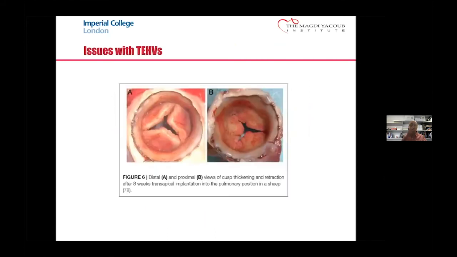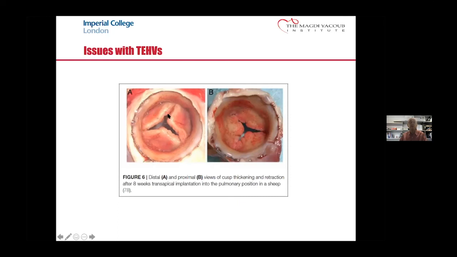So this is my last slide, and it really poses the problems that everybody faces with tissue engineering, is that a lot of the results so far show this characteristic thickening of the valve leaflets and retraction of the cusps. And we've seen this thickening even in that 13-week sample I showed you.